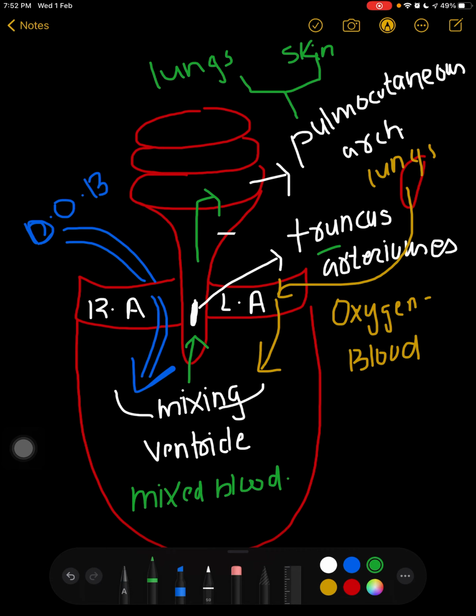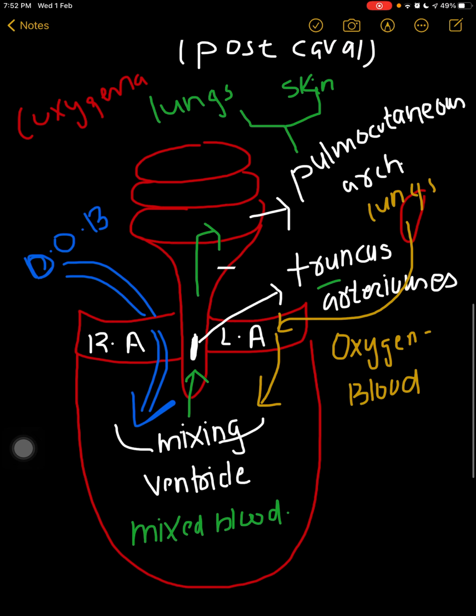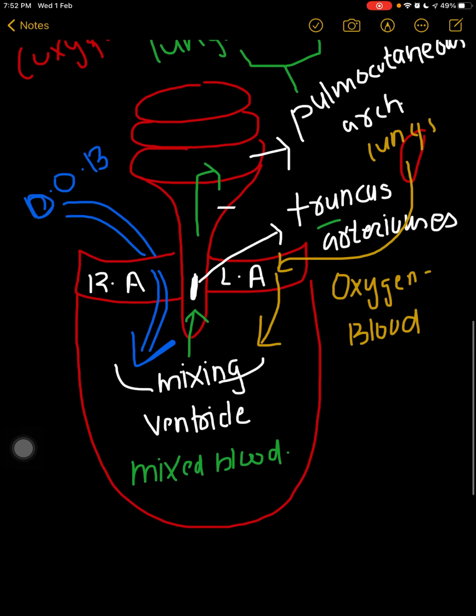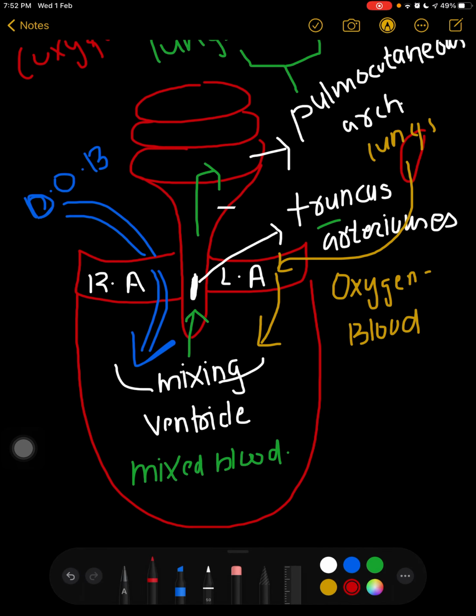So the blood from pulmocutaneous arc will go to lungs and skin for oxygenation, right.